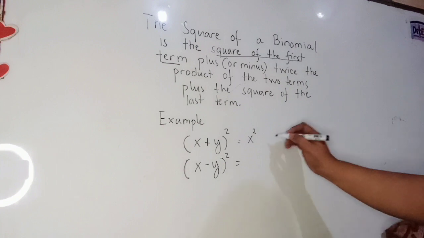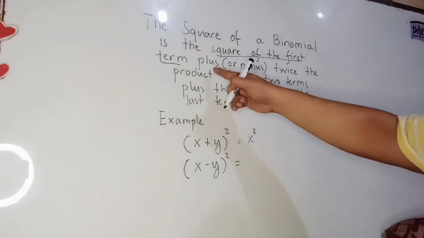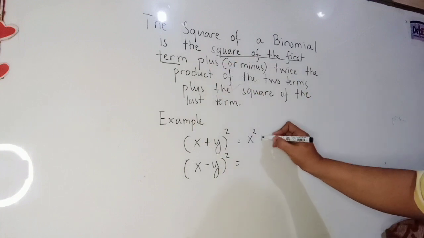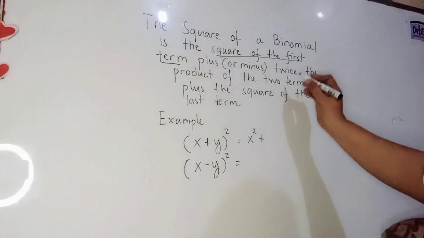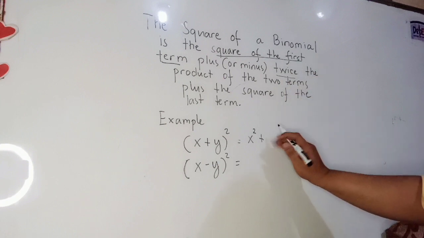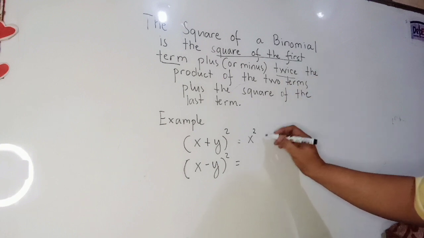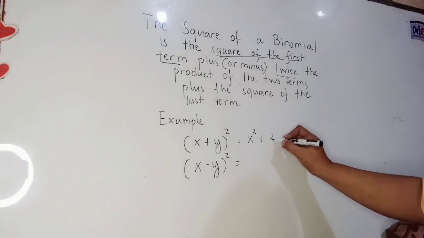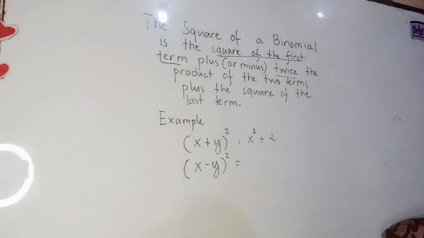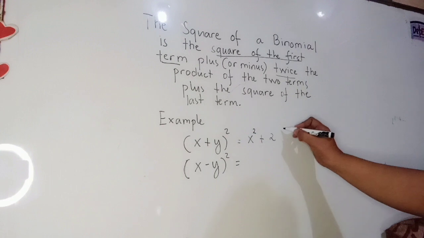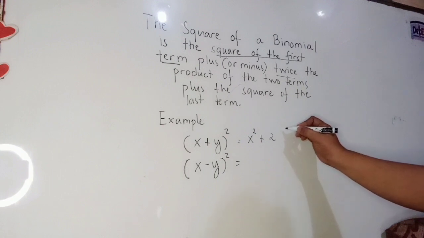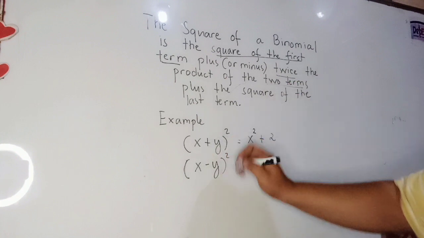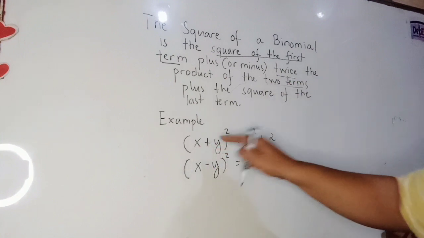Next, in our definition, plus, since it's plus, twice. Twice means 2. Let me erase that for you. Plus twice the product of the first two terms. When we say first two terms in our binomial, that is x and y.